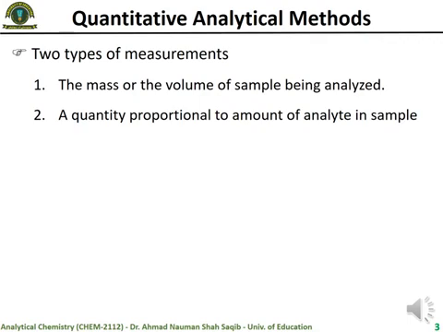So in spectroscopic analysis of copper, we will measure the quantity of copper, that analyte, through the absorption of light. So here that quantity is light. But if we want to analyze the copper present in the water by ion chromatography, for example, then that property will be the change in electrical conductivity.